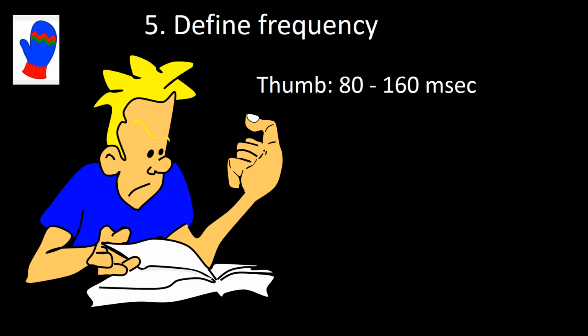The spindle in the mittens usually ranges from 80 to 160 milliseconds. That is, the smaller wave close to the larger wave, or the smaller wave that precedes the larger wave, is in that range. The slow part of the mitten is in the delta range.